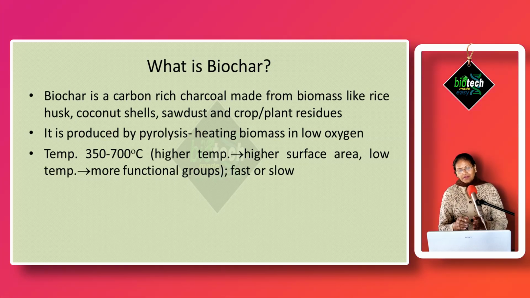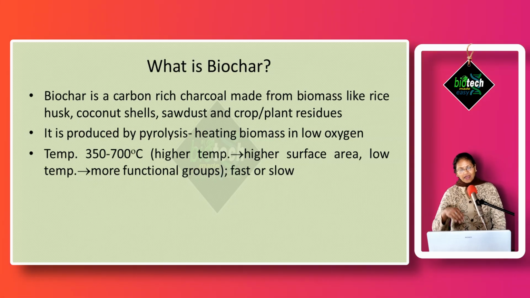Here there are two very important features of biochar. It has very high surface area, which is very important for us in the wastewater industry, and the other is functional groups.